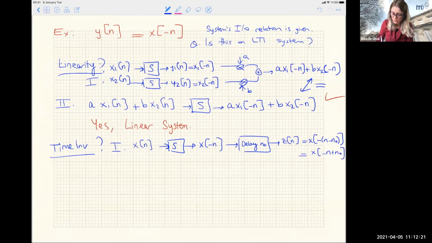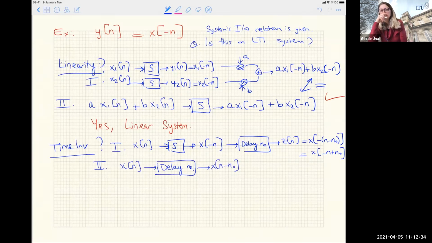Now, the second way, first delay the signal. Did you have a guess for this one, by the way? Is it time invariant or not? I mean, we should really do these classes interactively. Currently, we're not that interactive, but what is your guess? This is really doing a time scaling by -1.